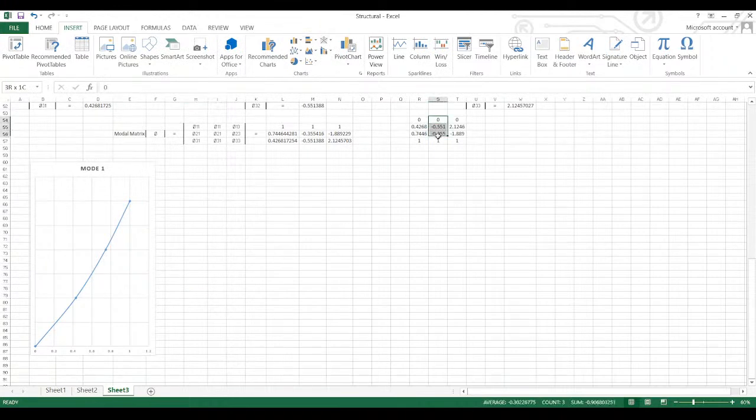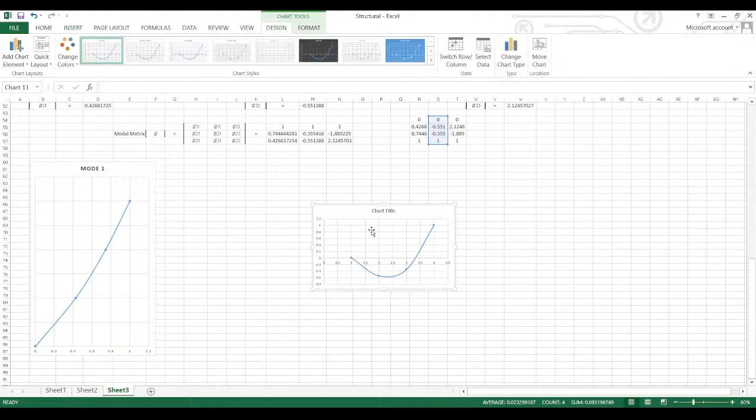Now go for the second mode. This scatter type, this one. Okay.